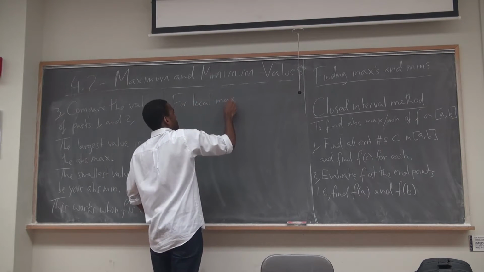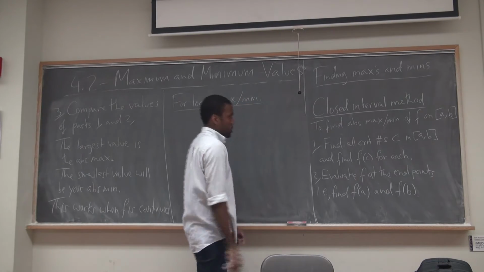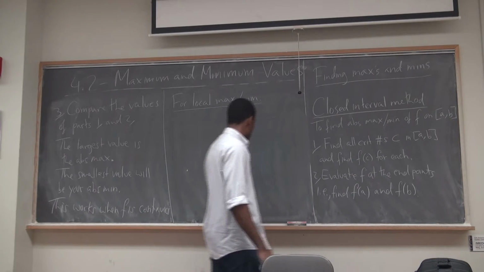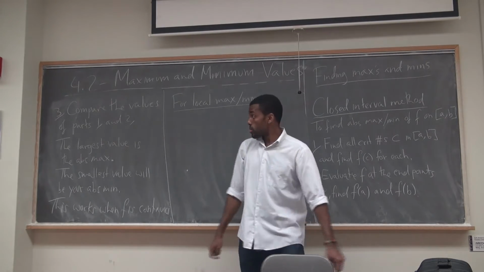We're talking about local max and min. Alright, so this is a method for absolute max and min on a closed interval. Talking about local max and min, there's also a method for that.